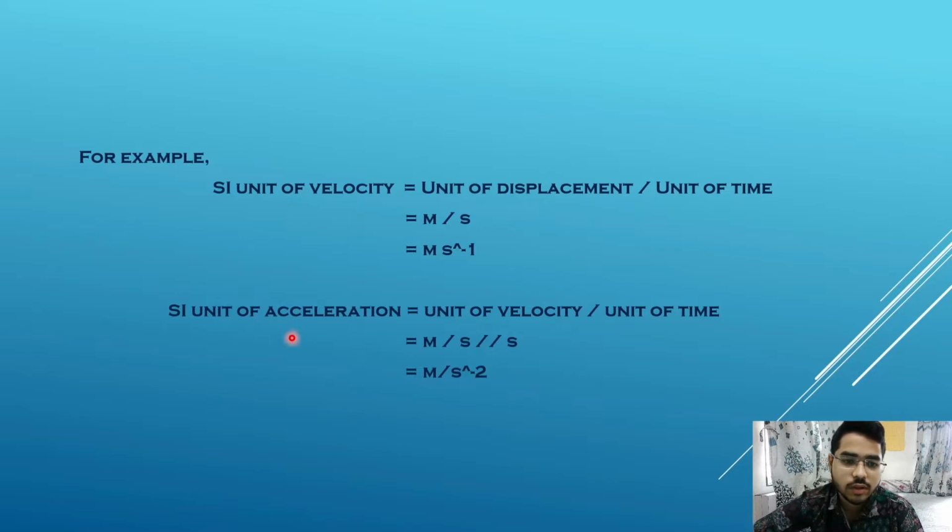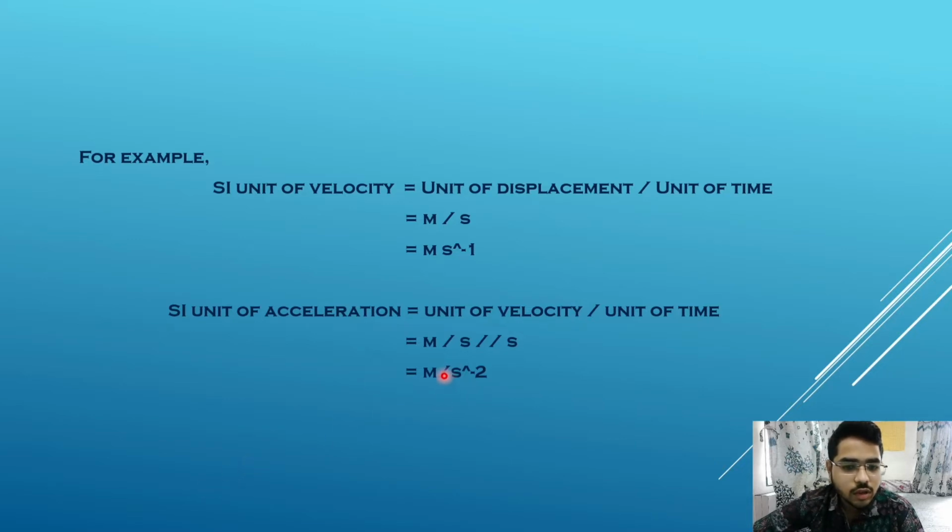So here it is given. SI unit of acceleration: as acceleration depends on velocity and time, and velocity depends on displacement, it is meter per second divided by second. For your better understanding, this will be equal to meter per second raised to minus 2.